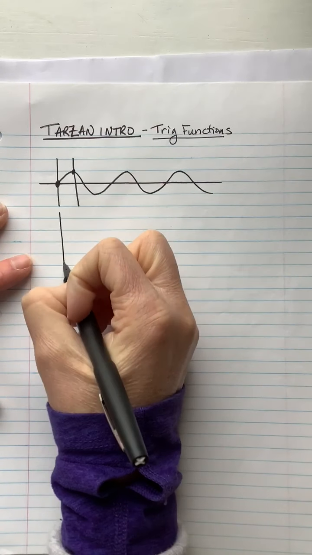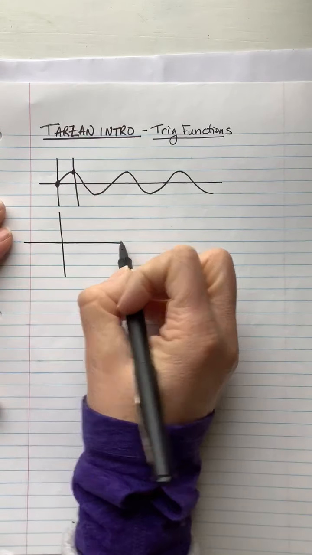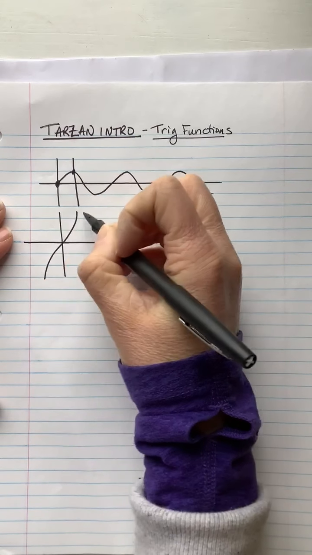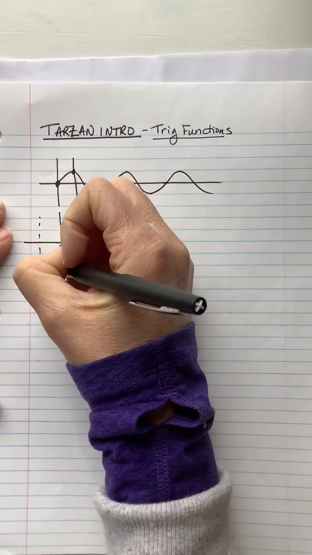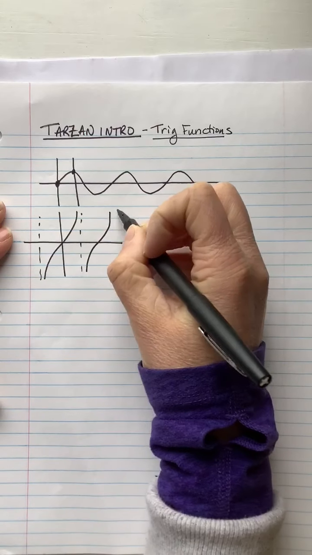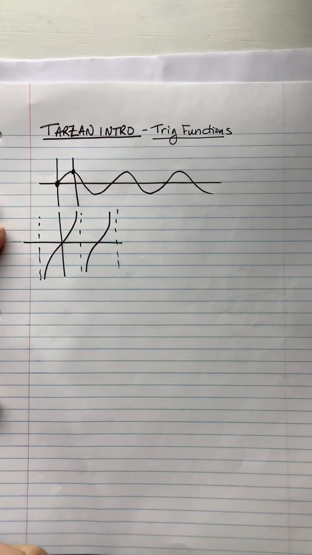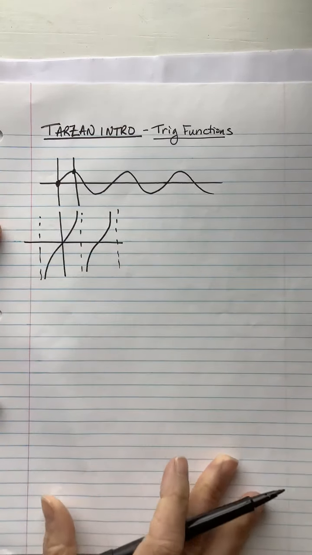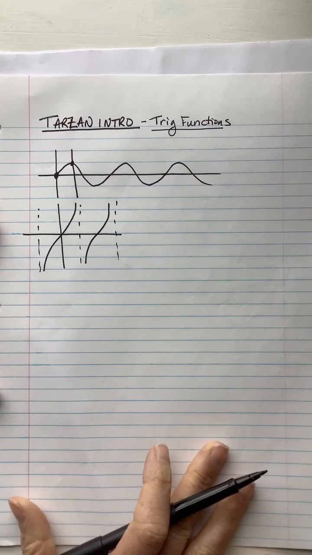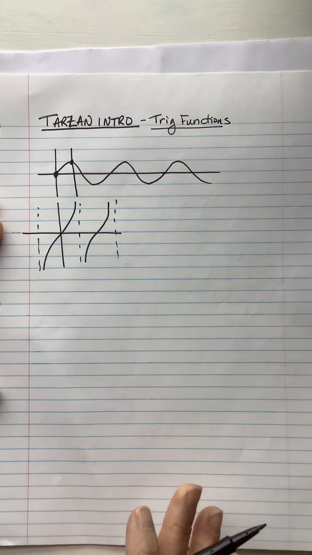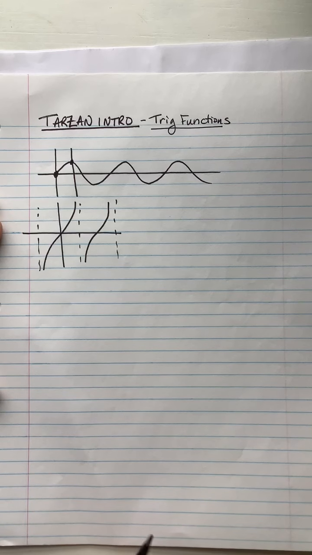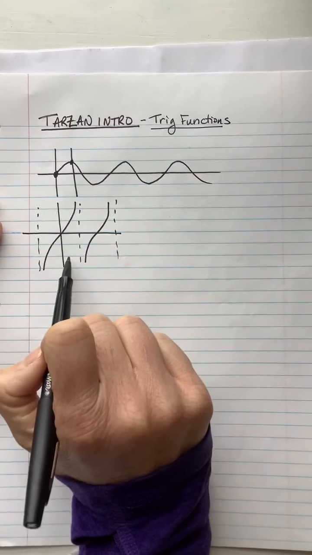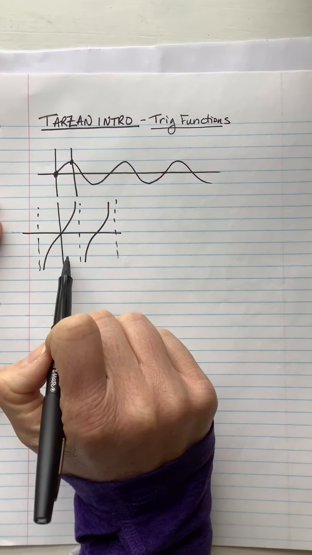And then also that crazy tangent function where you've got a periodic motion as it is approaching those asymptotes. So these are the periodic motions that we're going to be looking at and seeing which one applies best to our Tarzan problem.